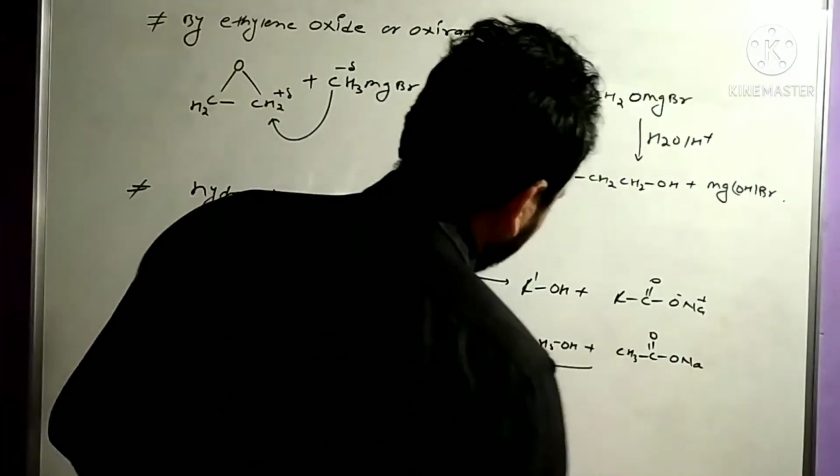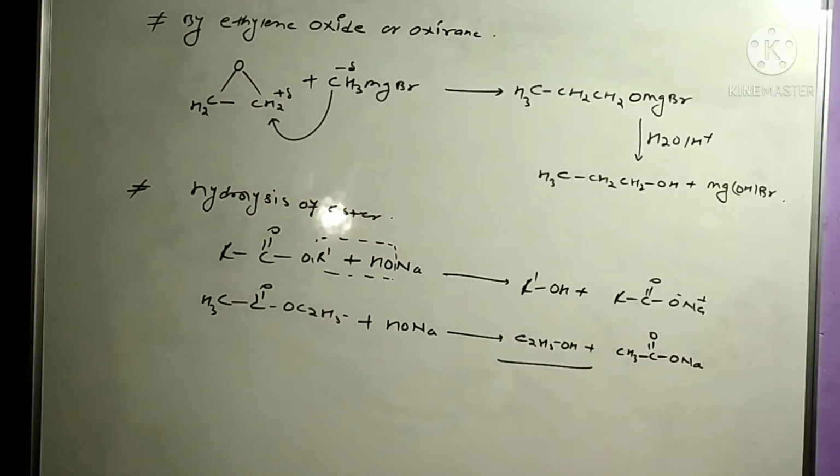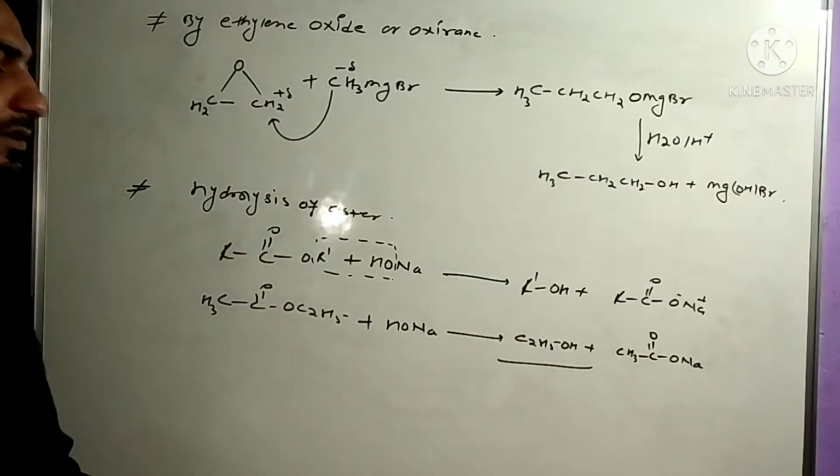So this is your alcohol. Clear? These two points are clear. So these two are further methods of preparation of alcohol. The first is from ethylene oxide, here you can say oxirane, second is from the hydrolysis of ester.